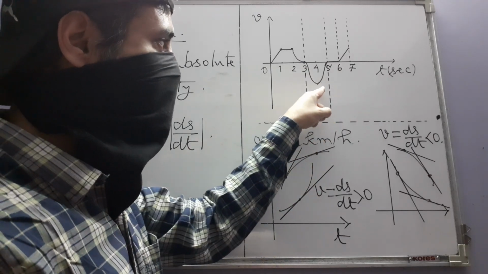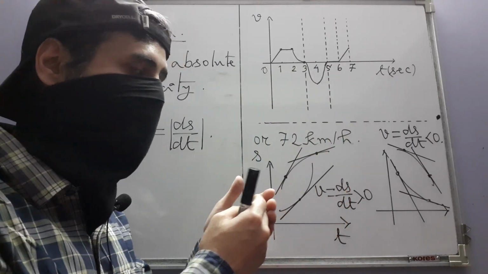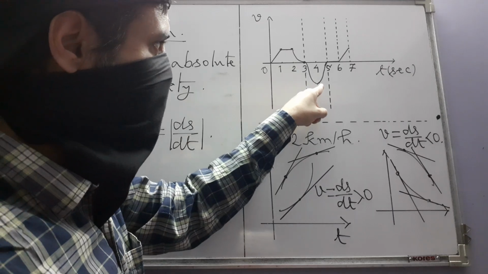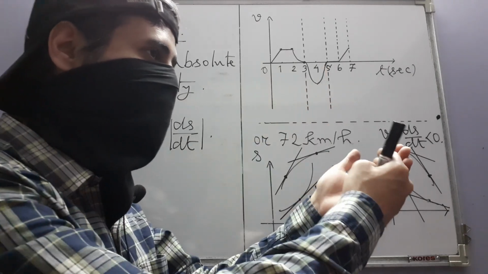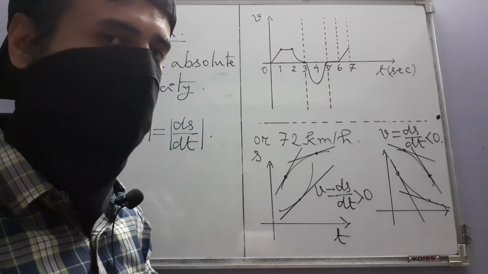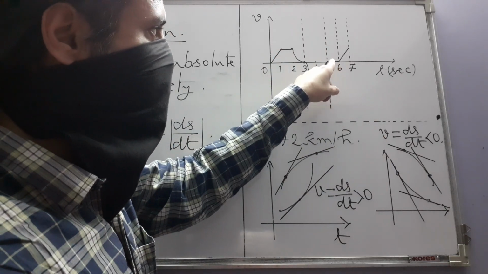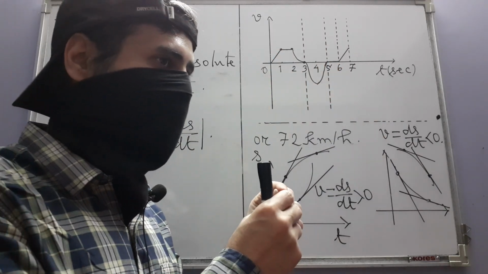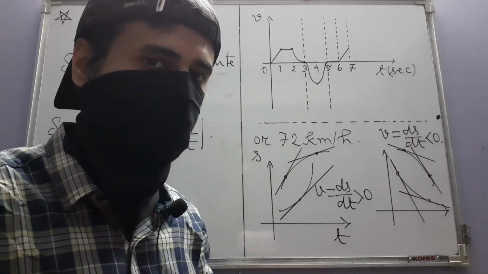And then again the velocity started going down, but still between t equal to 4 and t equal to 5 it is coming towards us. Why? Because velocity is still negative. And at t equal to 5 it again stopped.